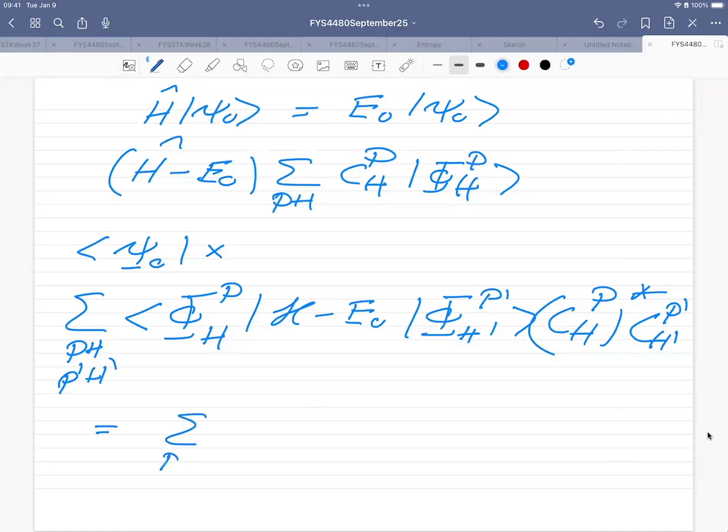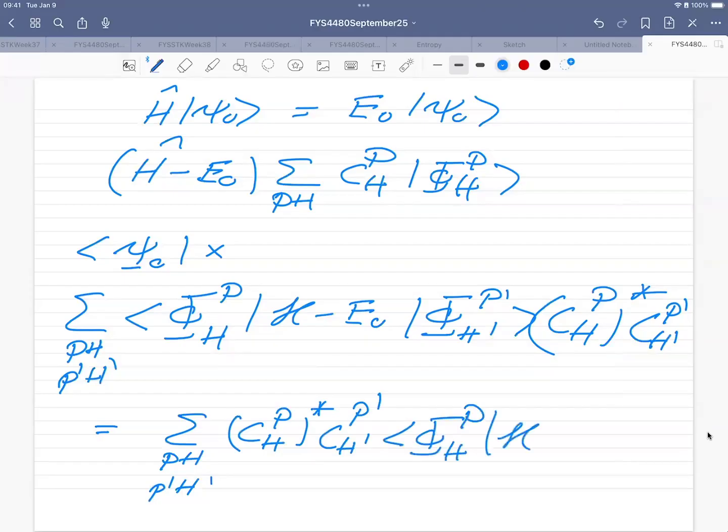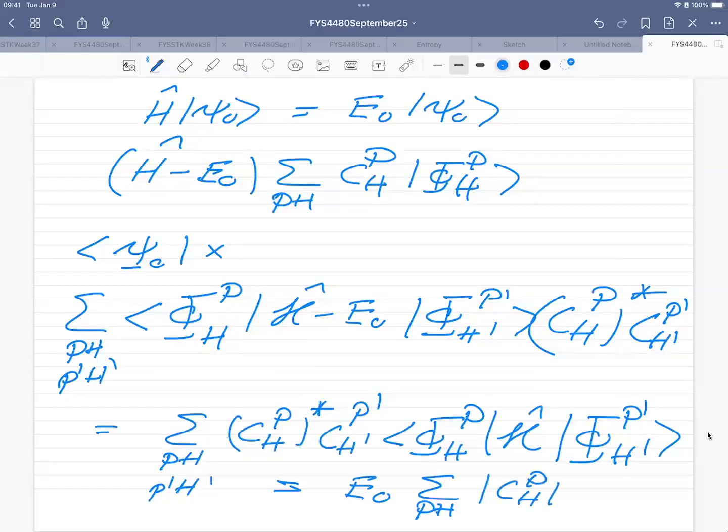We get a sum over HP and H'P', and I'm just going to put in the elements here: C_HP complex conjugate, and C_H'P', then phi_HP, and then the Hamiltonian here of phi_H'P', and this has to be equal to E0, multiplied with the sum over HP of C_HP, because now we are using the orthogonality properties of the basis which we have.